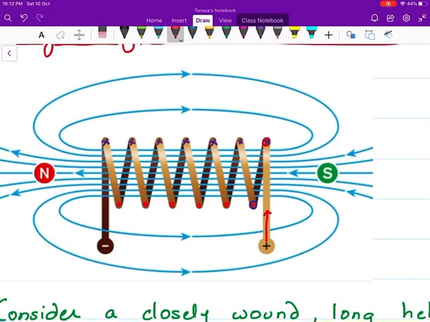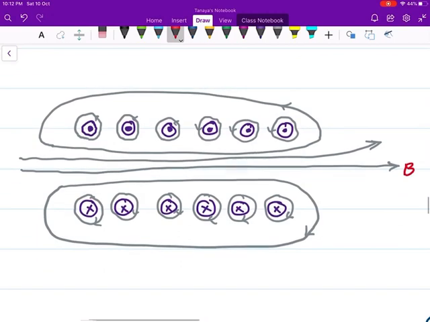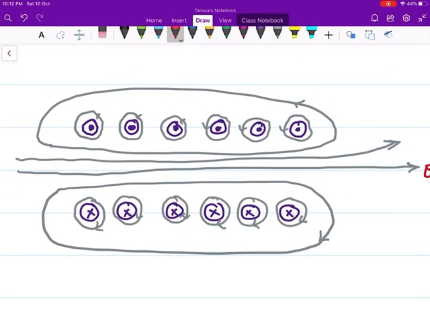So I can draw a cross section of this solenoid in this way. In this particular solenoid, the current is coming out from the top part of the loop, and it is going in through the lower part.